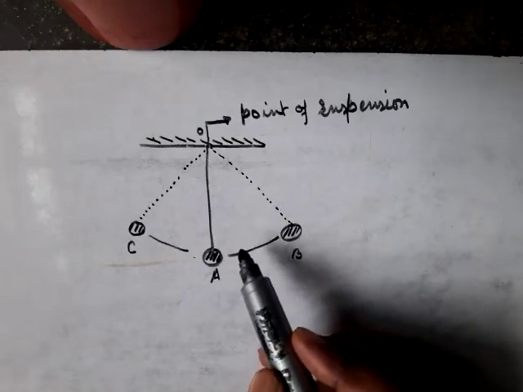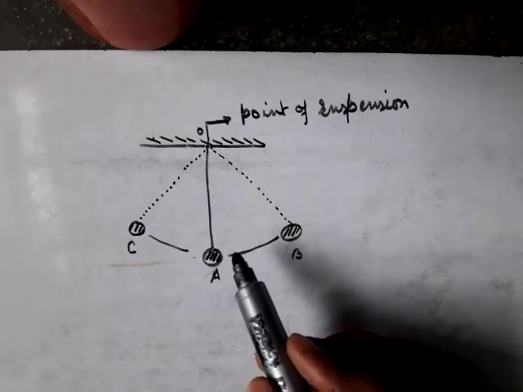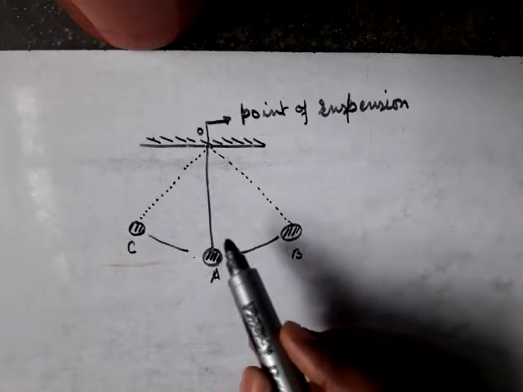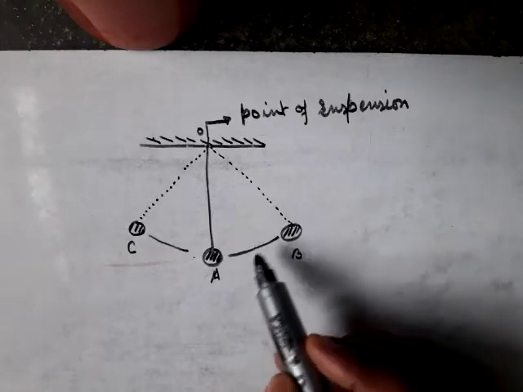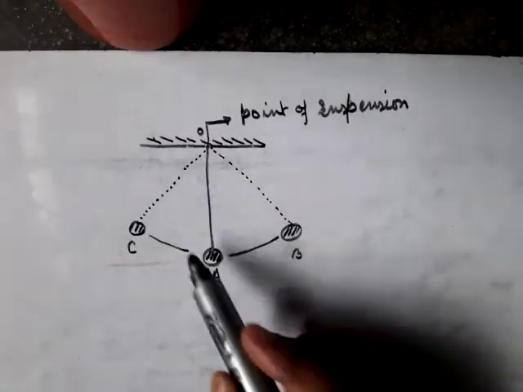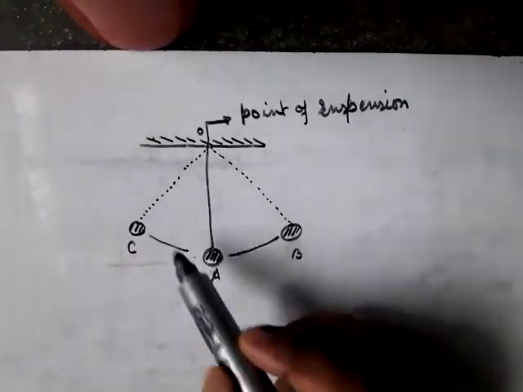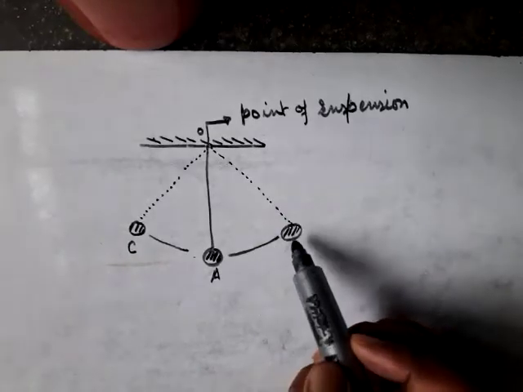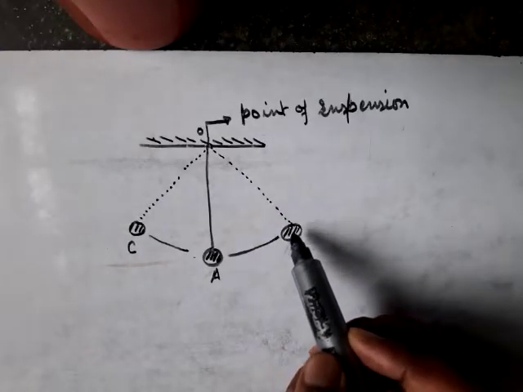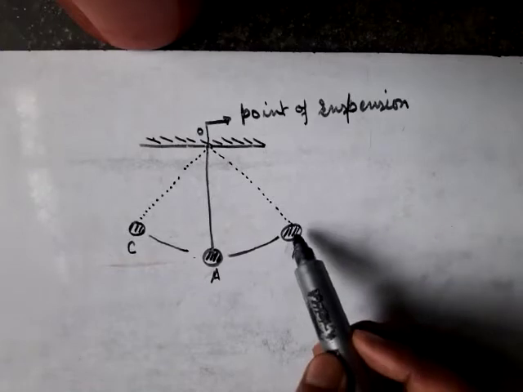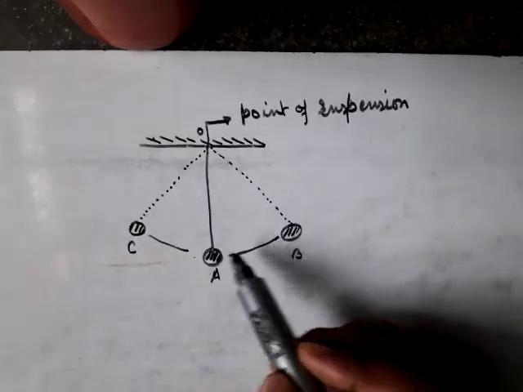But when we perform a simple pendulum experiment, there should be a frictionless condition. The system should be frictionless. There should not be any friction between the air and the heavy particle which we allow to swing to and fro.